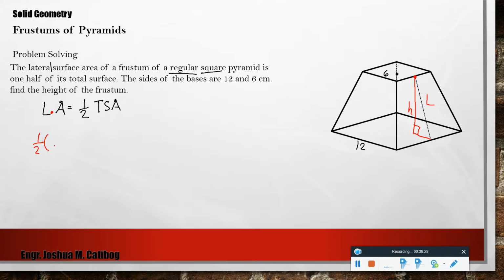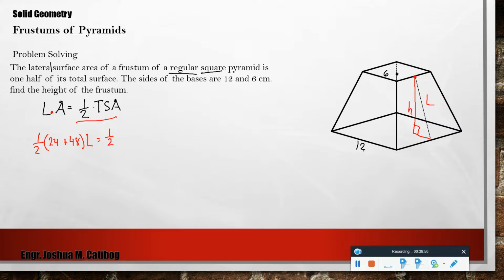So 6 times 4 is 24. Plus, yung perimeter 2 po natin, yung sa baba naman. So 12 times 4 is 48, multiplied by L is equals to 1/2.